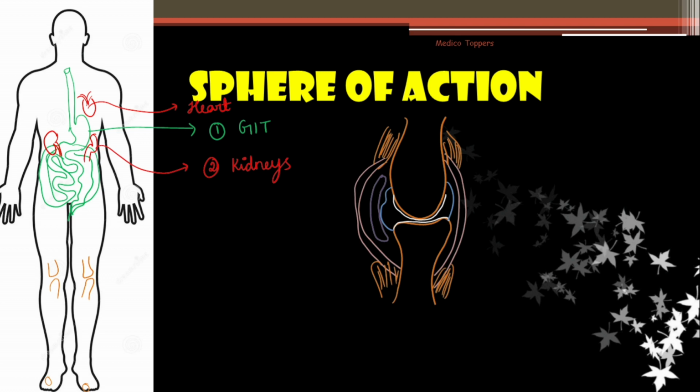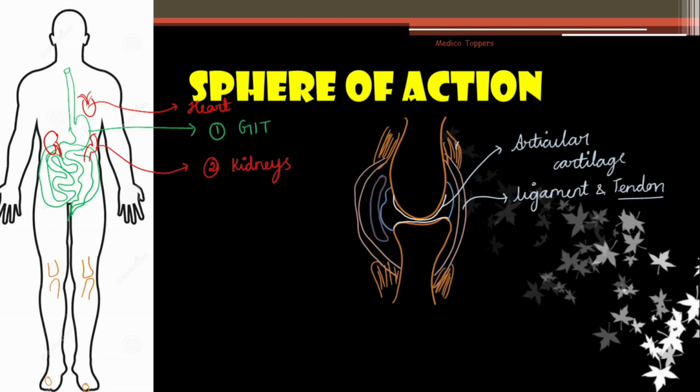So in the process of understanding the action of Colchicum over the joint, we should know the structures around the joint where Colchicum has its more prominent action. Here, this one is articular cartilage. Here we can see the ligaments and tendon. And here come the muscles. And this is our synovial fluid or synovial membrane.